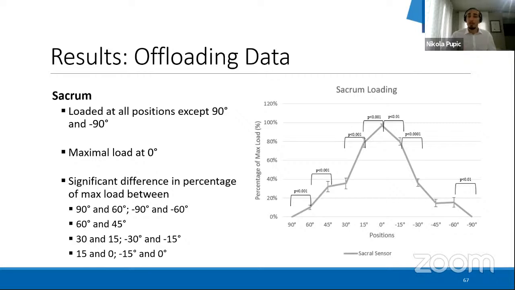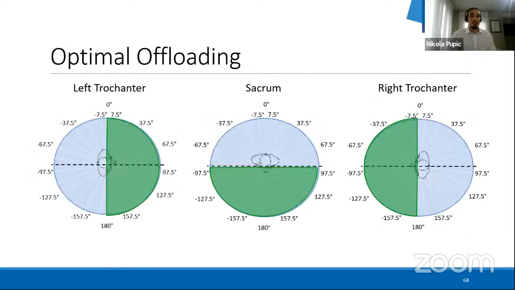Based on my data, if complete offloading is required for tissue healing, patients may need to assume positions where they do not require pillows for repositioning, or have the pillows placed in a way that can support their position without applying pressure to the sacrum. And from these results, we've identified the regions where offloading occurs, highlighted in green, for each of the 3 at-risk areas.